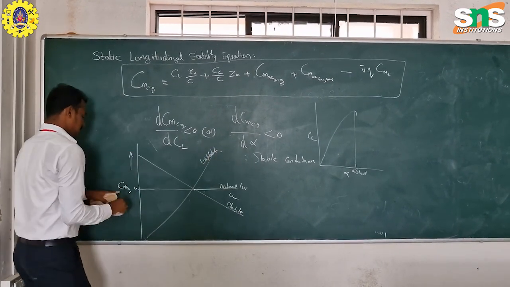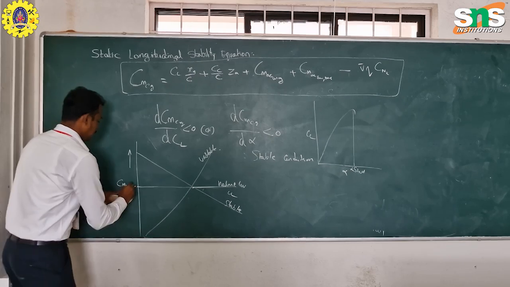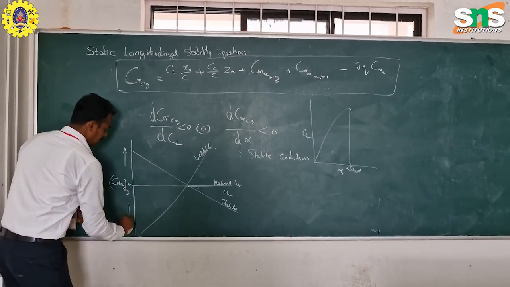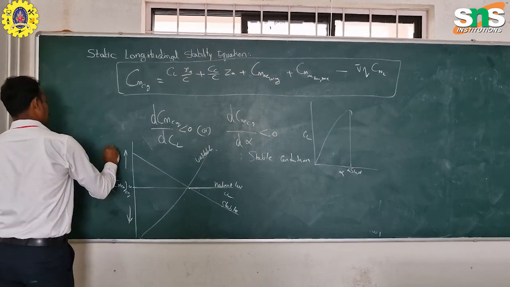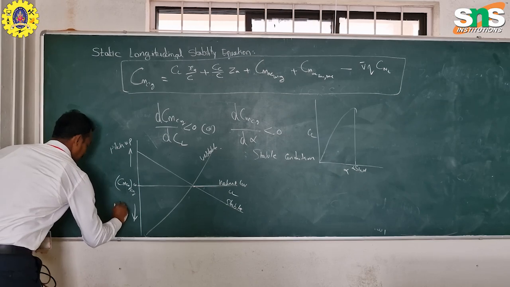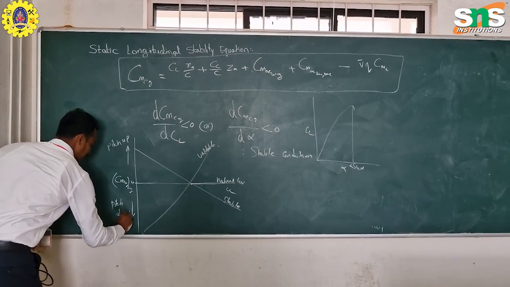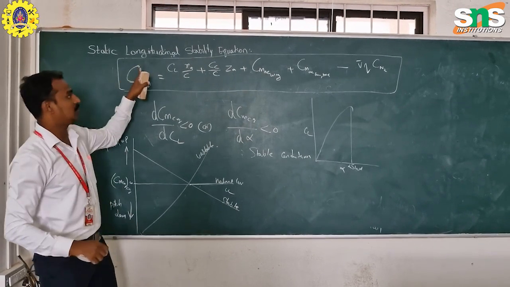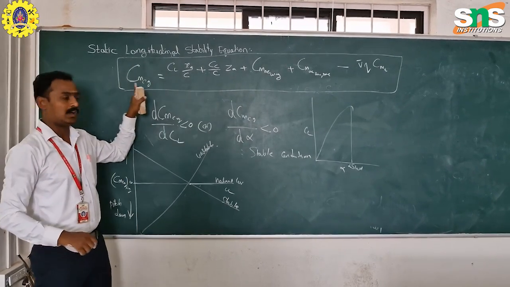This C M at C G, the moment at C G, this is for the pitch up condition, this is for the pitch down condition. So this is the overall static longitudinal stability equation and its criteria.